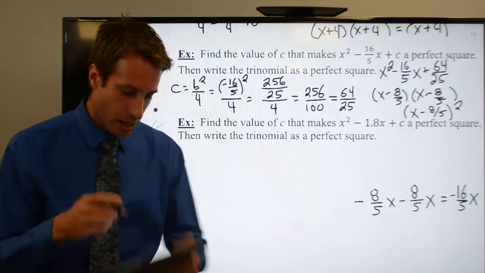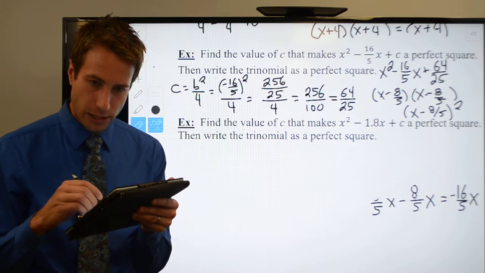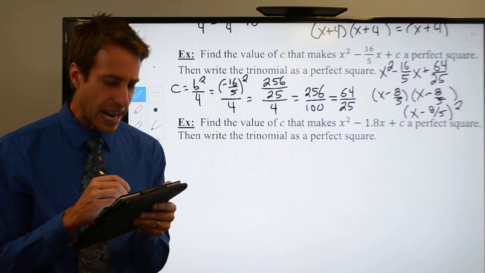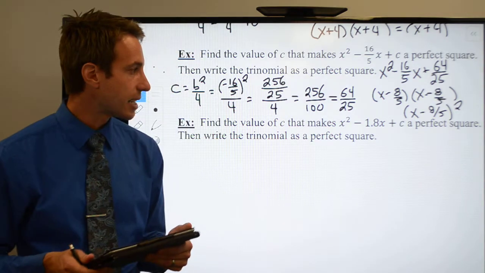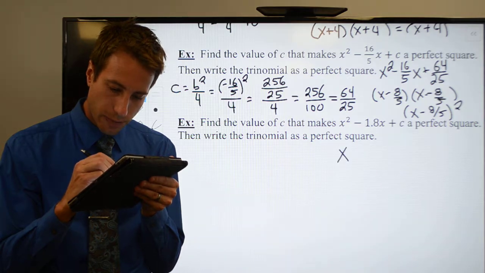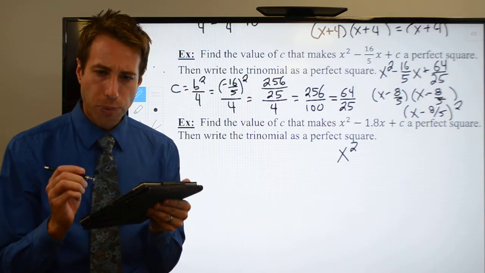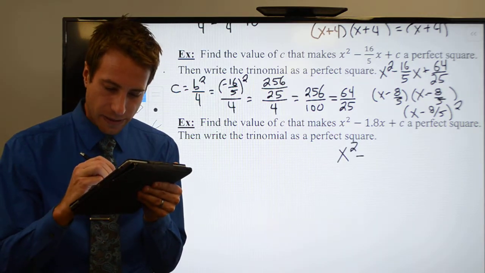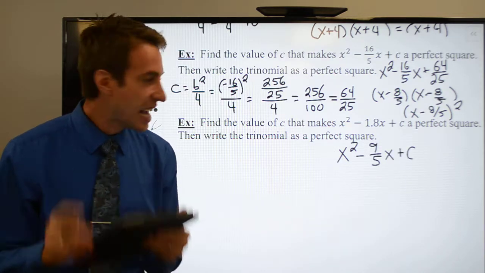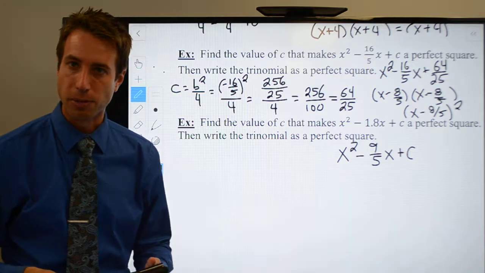So let's go ahead and do another one. Looks like on this one I've got decimals, but what I'm going to do is turn that decimal into a fraction. So I'm going to do x squared, 1.8 is going to be 9/5. And I need to find the value of c that makes this a perfect square trinomial.